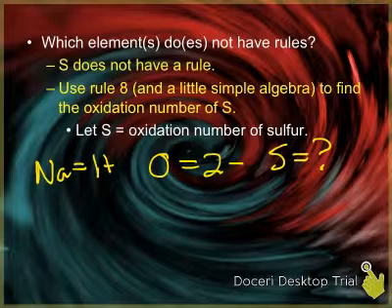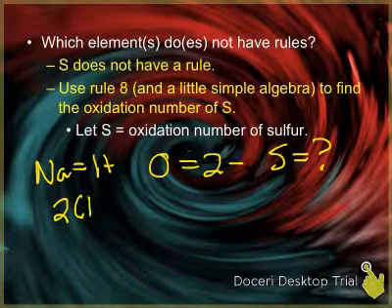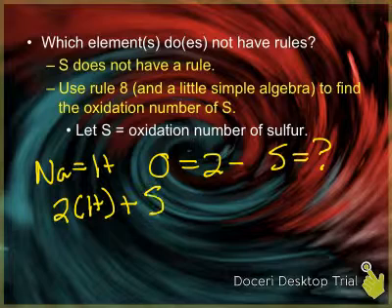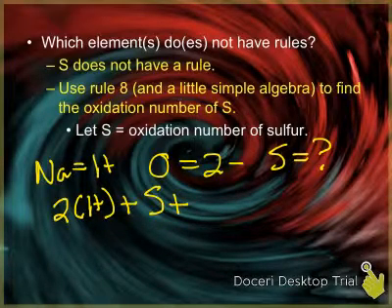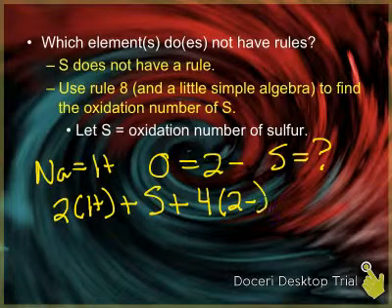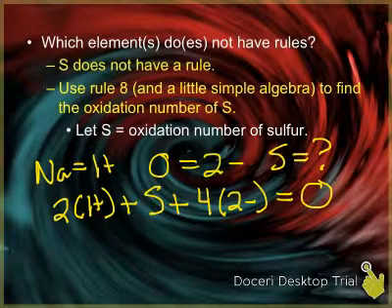So we're going to do Na2, so 2 times 1 plus, plus sulfur, we don't know what the charge of sulfur is, plus, and then we have SO4, so 4 times our charge of 2 minus, and we know that this has to equal 0.